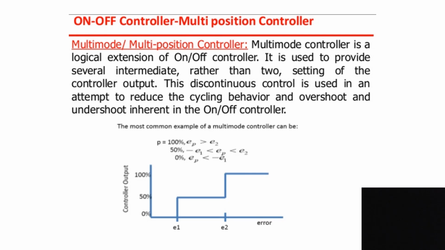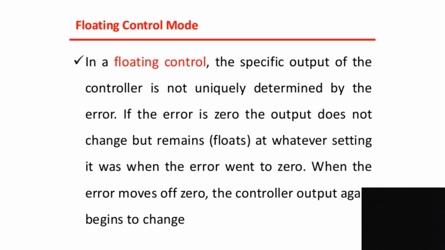The final one is floating control. In floating control, the output of the controller is not uniquely determined by the error. If the error is 0, the output does not change; it remains floating at whatever setting it was. When the error deviates from 0, the controller output begins to change.